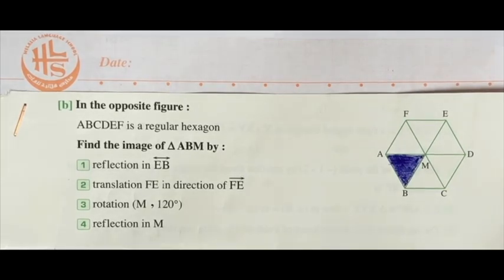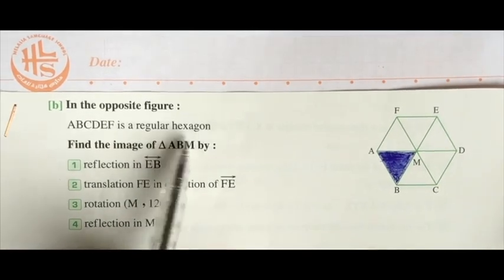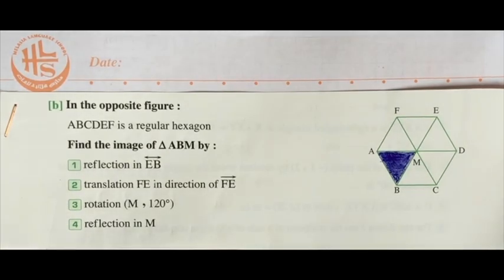So, first, the meaning of regular hexagon. The regular hexagon is a polygon in which all sides are equal in length and all angles are equal in measure. So, from lesson 2 in geometry, we know the meaning of a regular polygon.